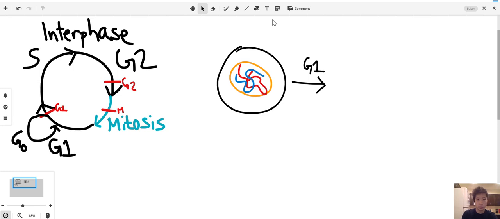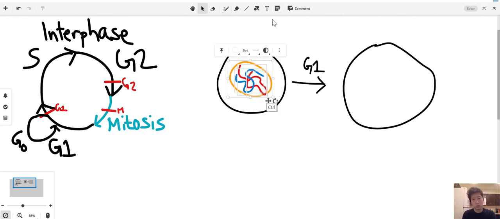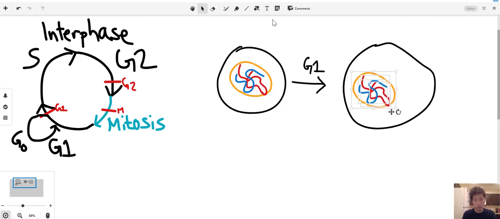So let's make our cell bigger. Okay. So the primary objective of G1 is cell growth.